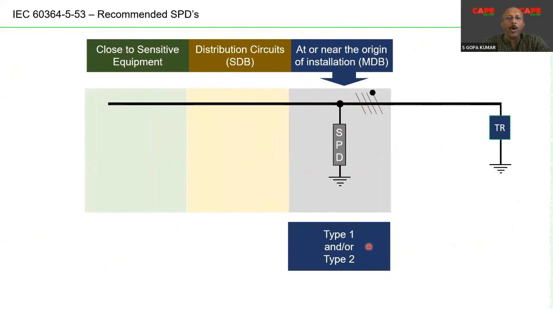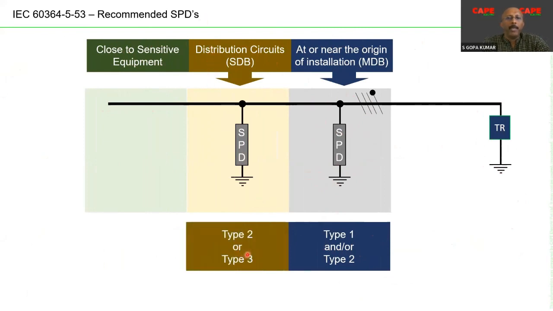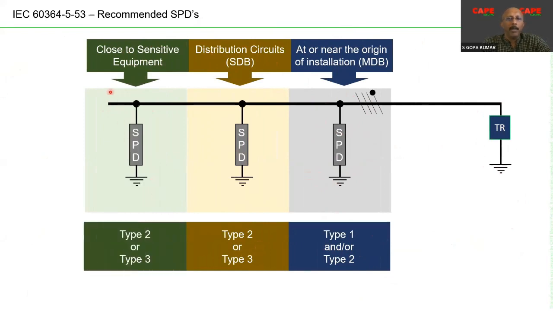It can be a type 1 or a type 2 SPD, applicable to reduce the voltage protection level. In some cases you really don't need a type 1 SPD, you can go for a type 2 SPD. Similarly, at the sub switchboard, you are supposed to have either a type 2 SPD or a type 3 SPD. It depends on the protection severity which you are looking for. Similarly, near the sensitive equipment, you can also go for a type 2 SPD or a type 3 SPD. So basically, this is how SPDs are selected and installed in the electrical network.